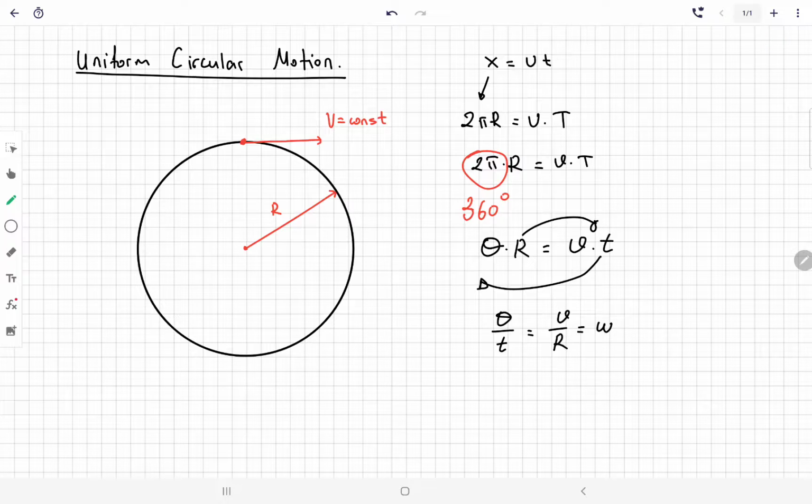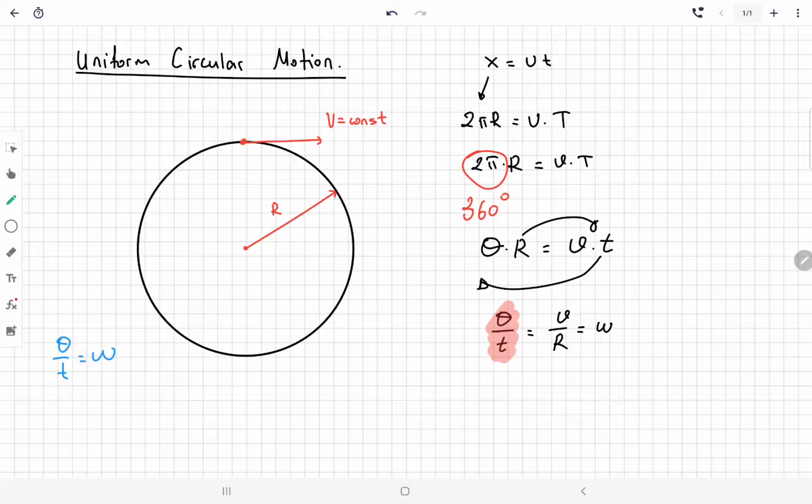Now, let me try to explain the meaning of the angular speed. Angular velocity, angular speed. So, let me choose this expression, angle divided by time equal to angular speed. In daily life, we use degrees to explain angle. 60 degrees, 90 degrees, 100 degrees, 180 degrees, 360 degrees.